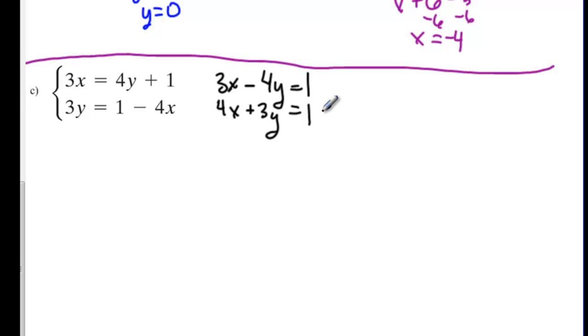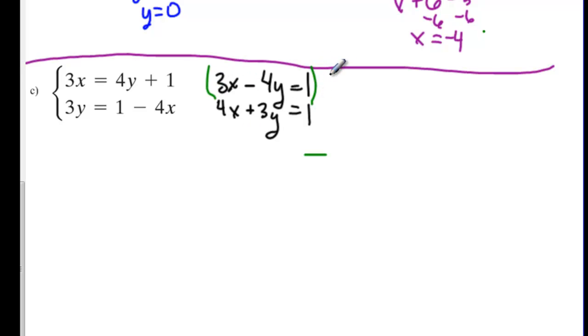If those opposite signs are already there, then I know I can just multiply by positives if that's the variable I want to cancel. So that's how I'm going to pinpoint to cancel out the y's. But if we wanted to cancel the x's, we could multiply by a -4 and a positive 3 or something like that. I'm choosing the one with the opposite sign so that we're multiplying by positives. But again, there's a lot of ways to do this one.